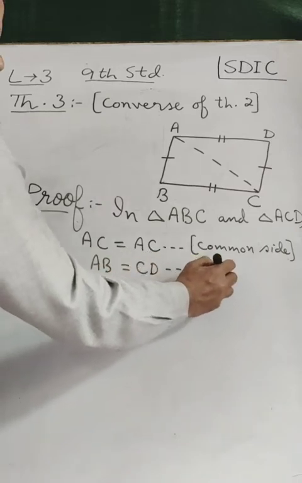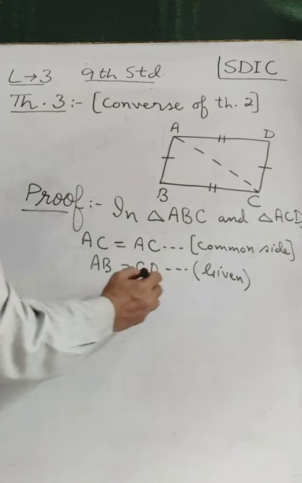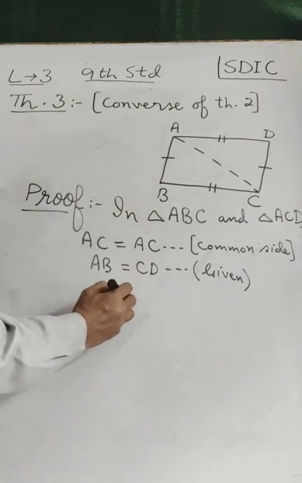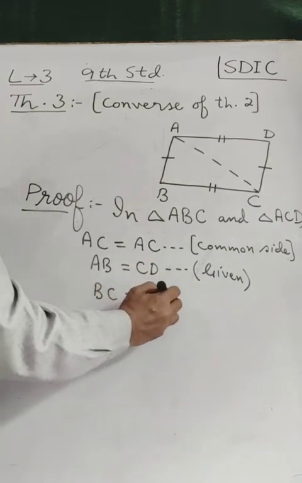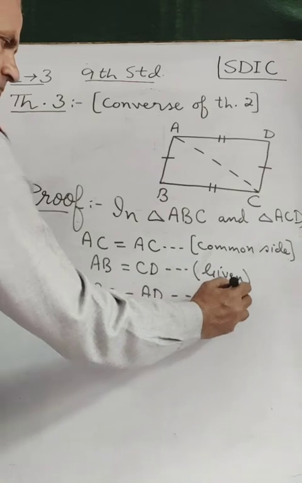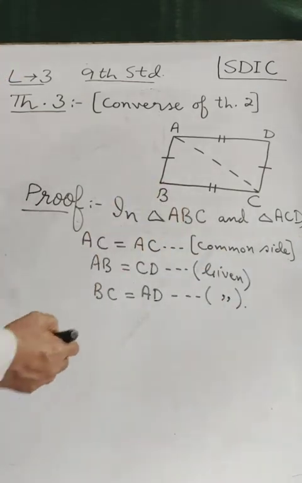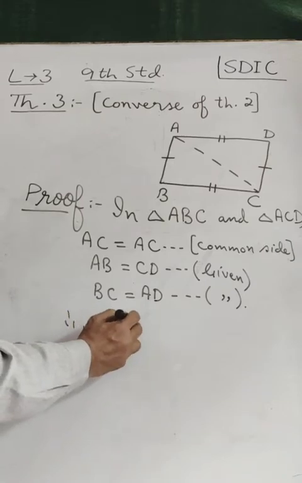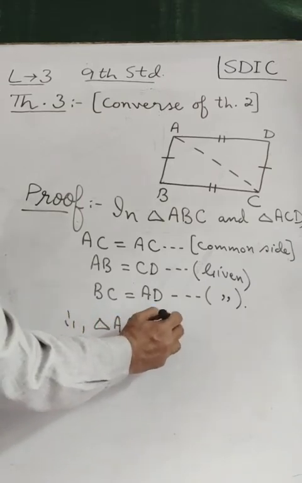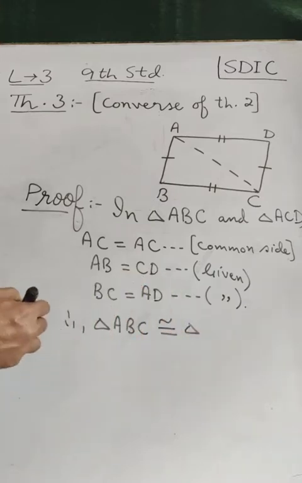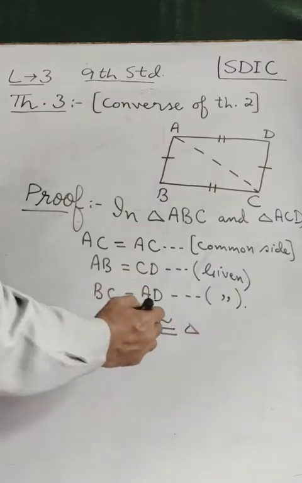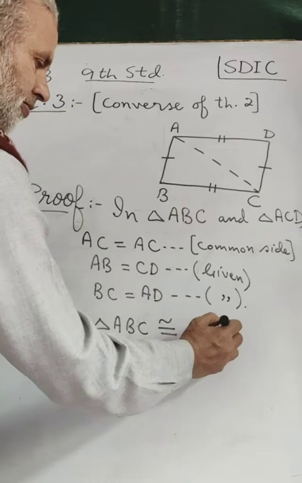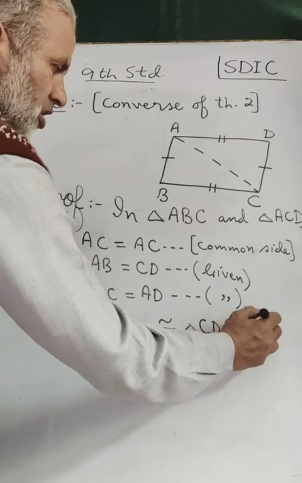This is given to us. BC is equal to AD. This is also given to us. With this we can say the two triangles are congruent. Therefore triangle ABC is congruent to triangle CDA, by the SSS congruency rule.